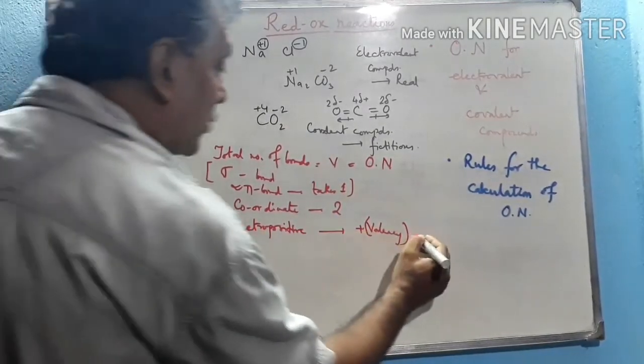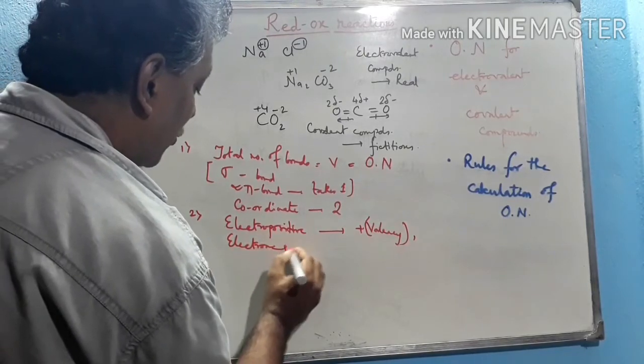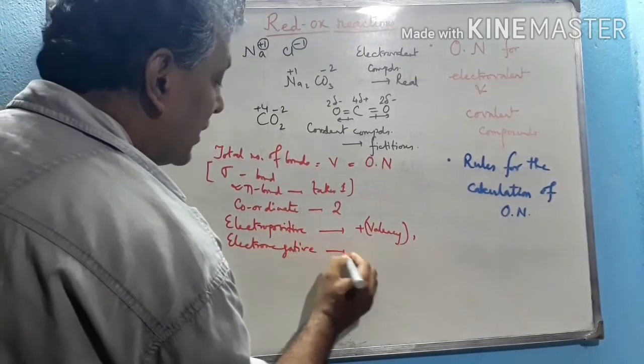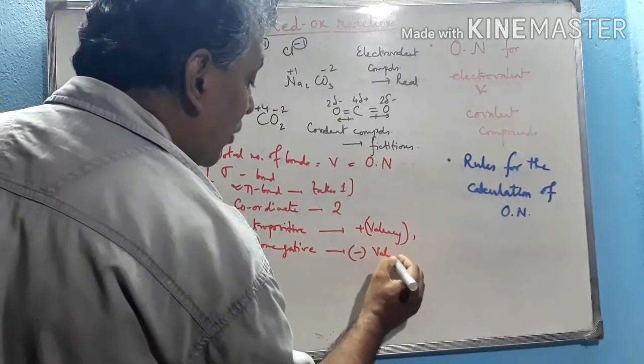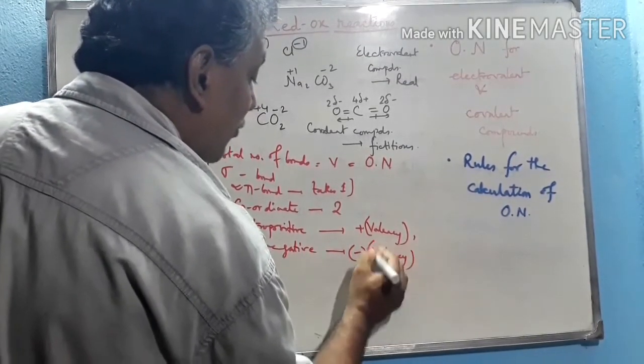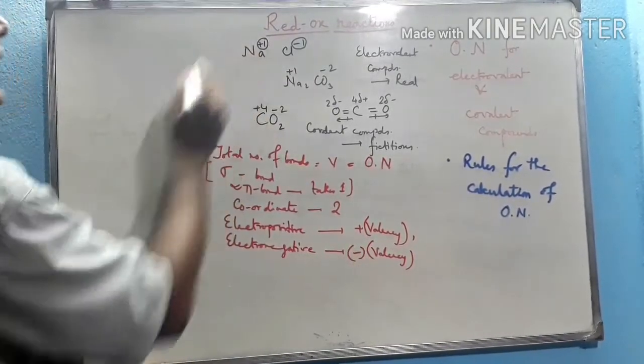And in case of an electronegative part, assign the prefix minus in front of the valency. So first write the valency of that particular substance, then write minus.